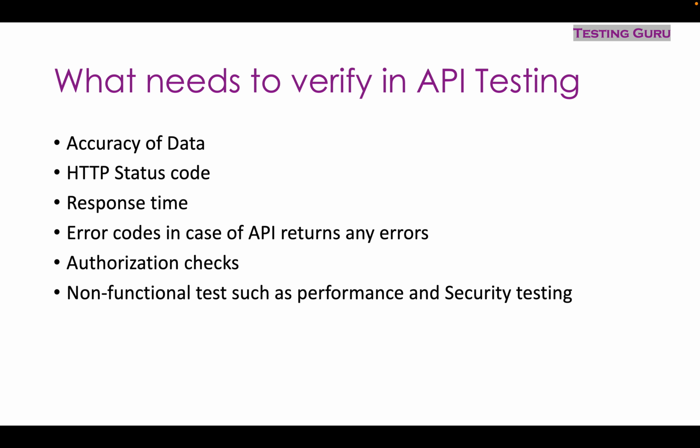And also non-functional tests such as performance tests and security. As I told before, response time is one type of non-functional test or performance, but along with that we can also check different kinds of performance and security as part of API testing.